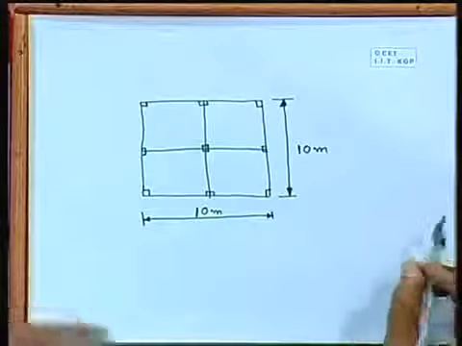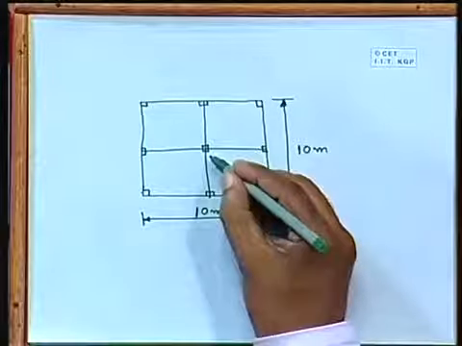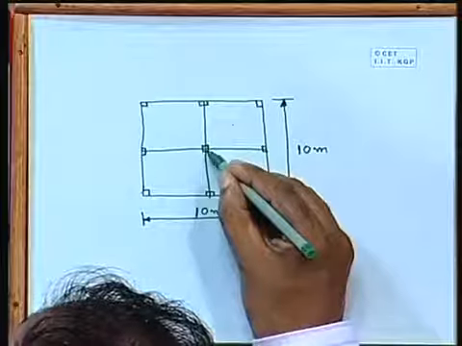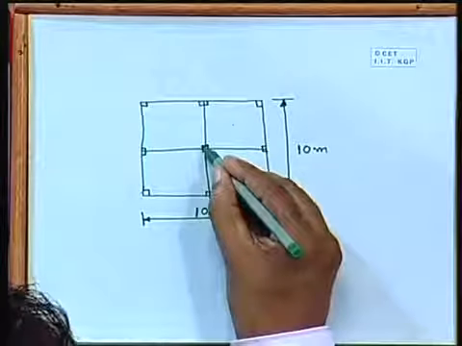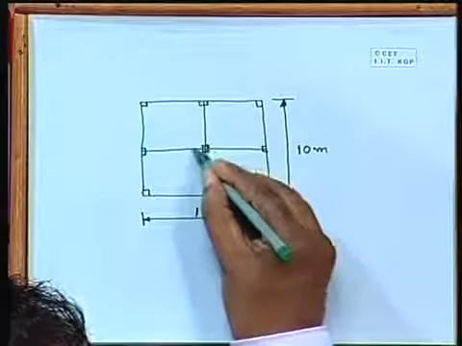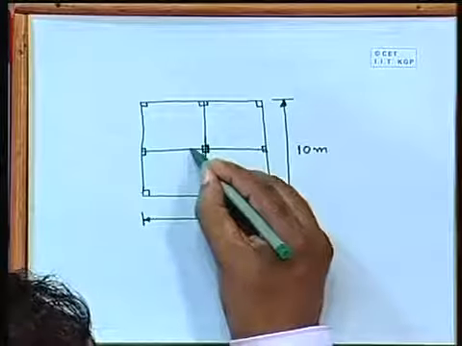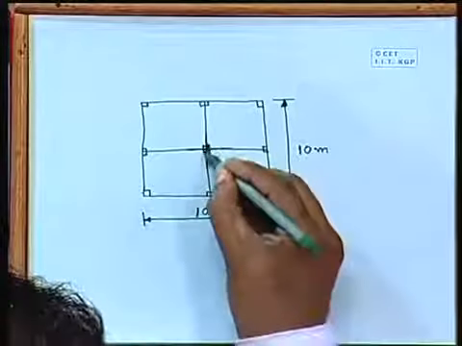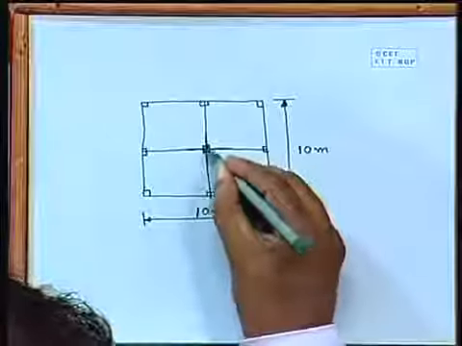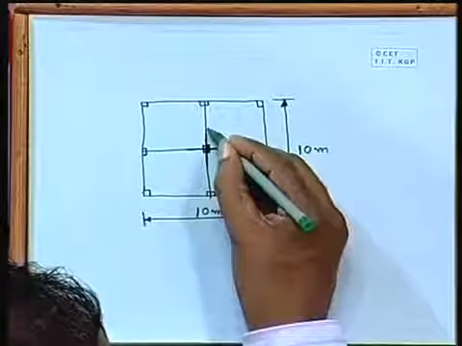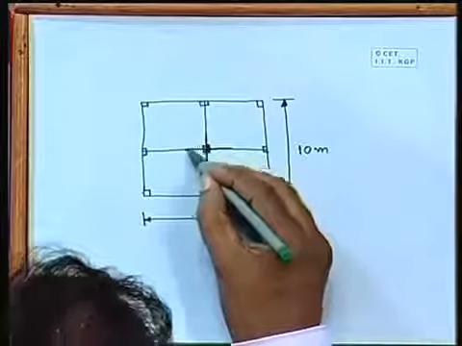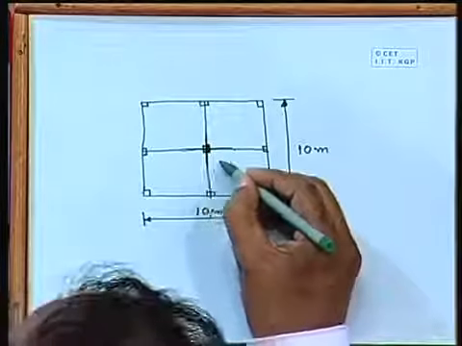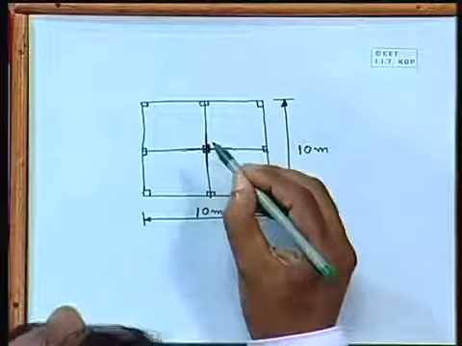One such example: when we consider this column and 2 beams, this is one beam, this is another beam, and the column is also intersecting. Now we have to provide reinforcement for these beams, for the slabs, and for the columns.